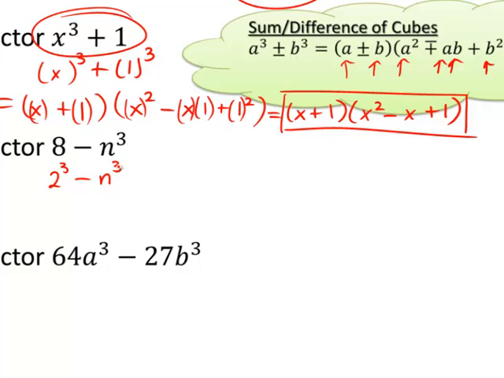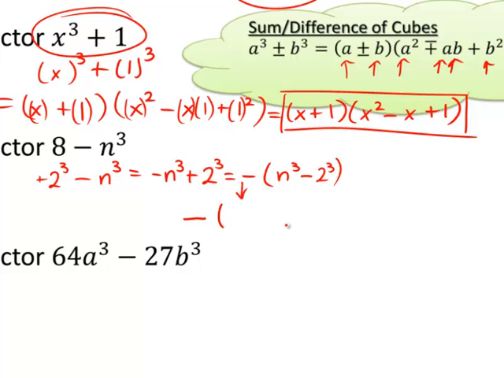So notice you could either do it this way, or you could rewrite this as negative n cubed plus 2 cubed, and factor out the negative so that you have your n cubed going first. Sometimes in the future, in applications of factoring, it is useful to have your variables at the beginning so that you're able to see if it cancels with any other similar brackets. And you'll see that a bit later. So let's keep it this way.